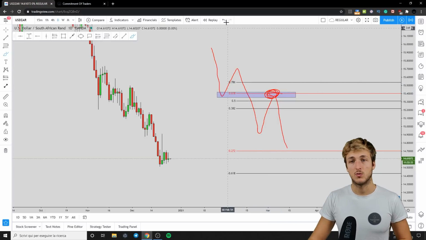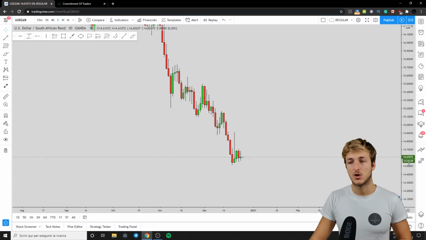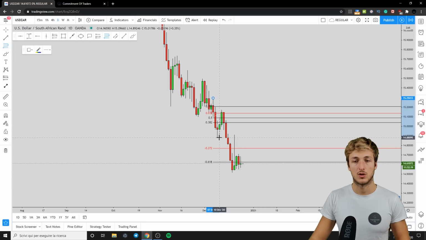And that is exactly what happened on USD-ZAR last week. In fact, what we had was a quite strong impulse to the downside here. Now, after an impulse, if you want to measure the correction, what you have to do is take your Fibonacci from the high to the low of the impulse.